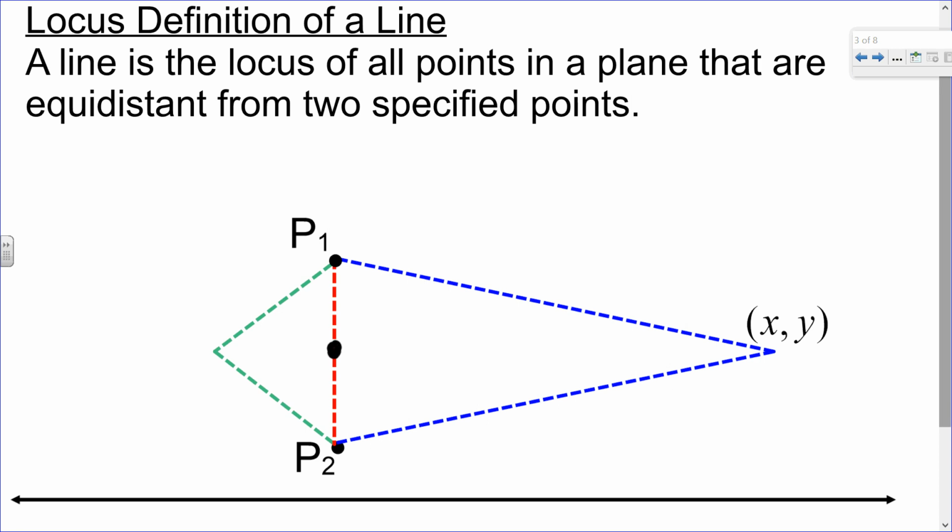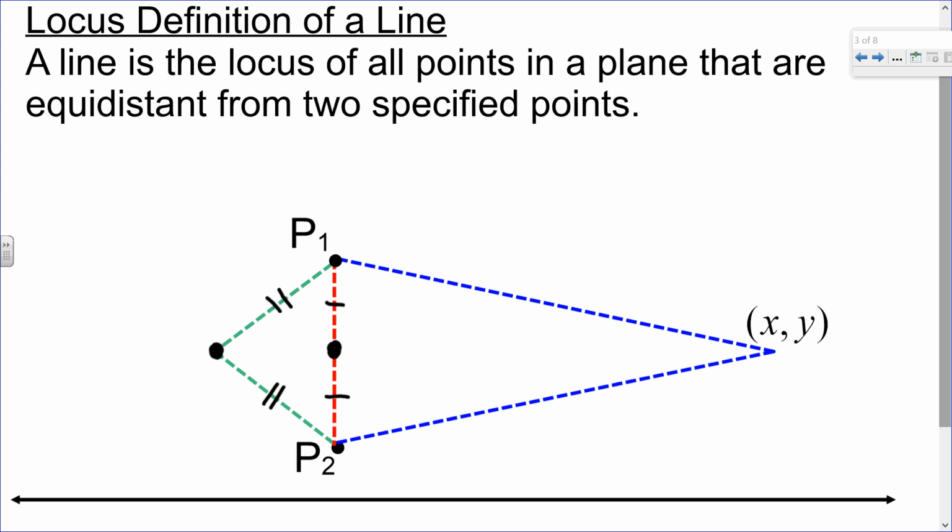If I went straight between those 2 original points, and if I took the midpoint, those 2 distances would be equal. And then I could go out this direction somewhere, and this xy is going to need to be on my line, because its distance to P1 is that green dotted line, and its distance to the other point is this other green dotted line, and those 2 are the same.